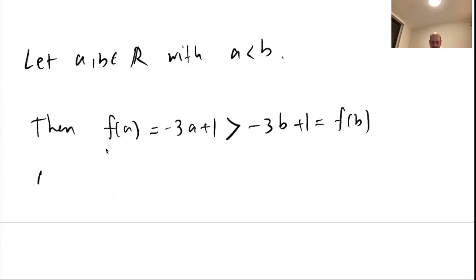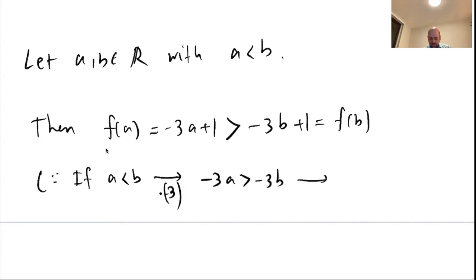Why is that? Because if a is less than b, which is my assumption, then if I multiply both sides with minus 3, so you know from pre-calculus, if you multiply an inequality with a negative number, the inequality will flip.